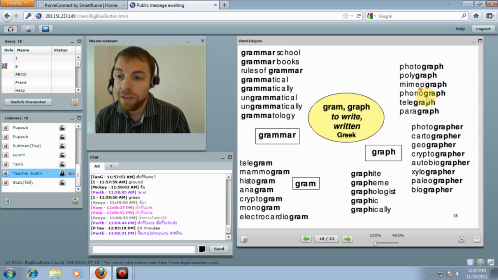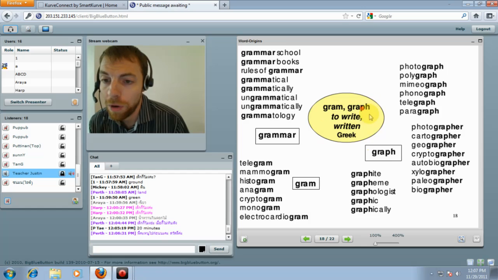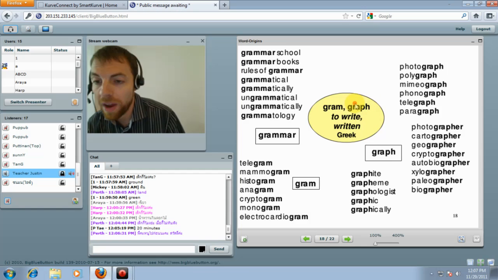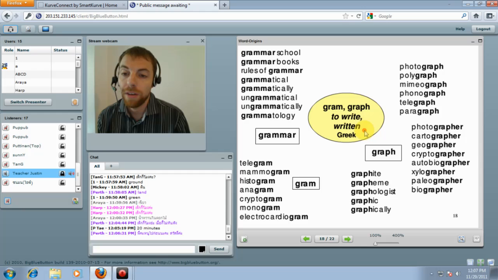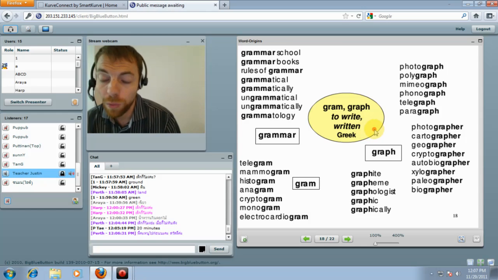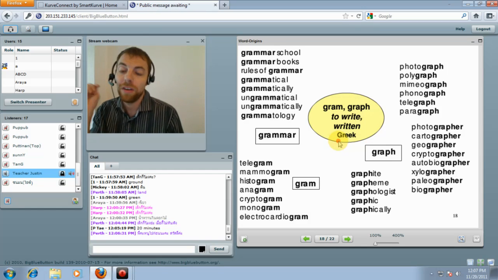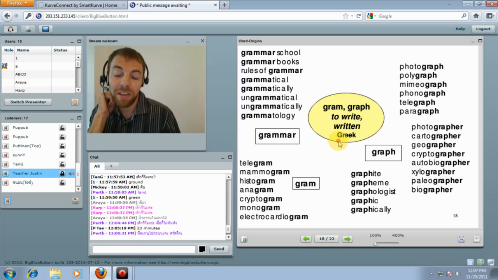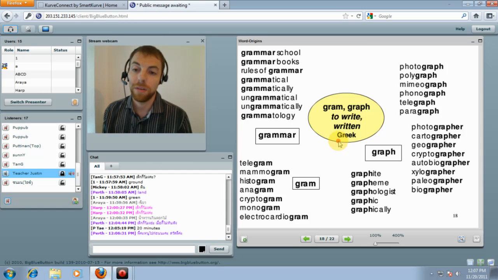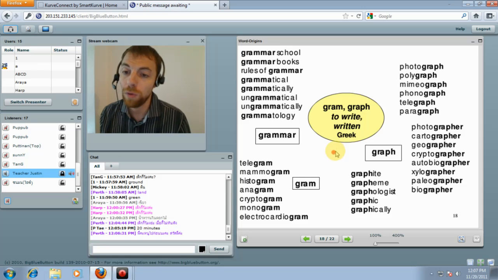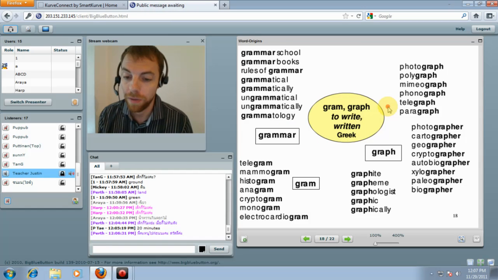So here you see many different words that all come from these basic gram or graph, meaning writing. So if you see a word that you don't know that has gram or graph, then now you have an idea. It's something about writing. All right, so this will give you an idea for part of the meaning.